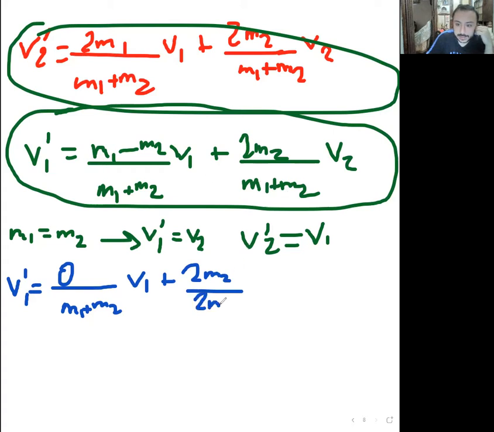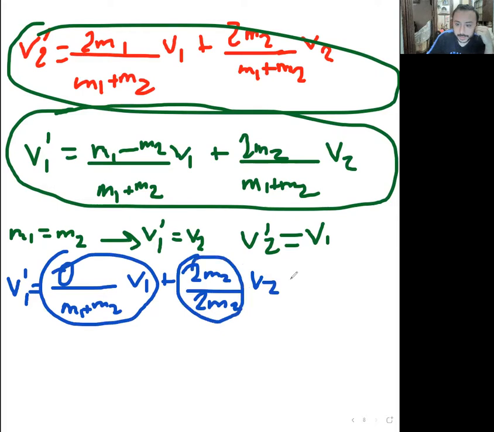So this one is 0, this one is 1: 0 times v1 is gone, and 1 times v2 is v2.